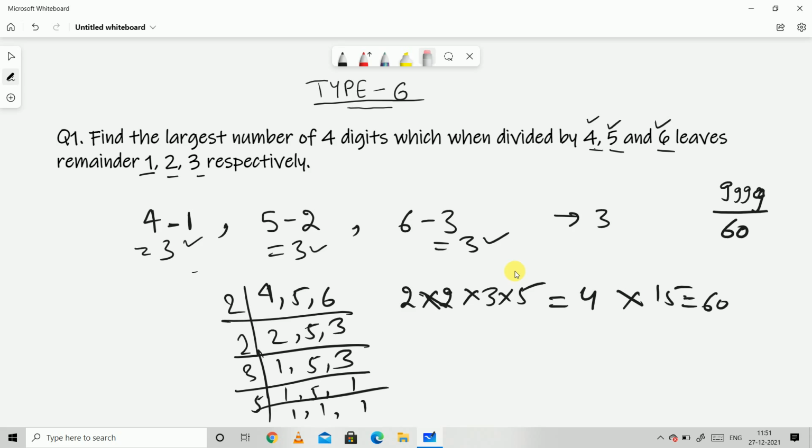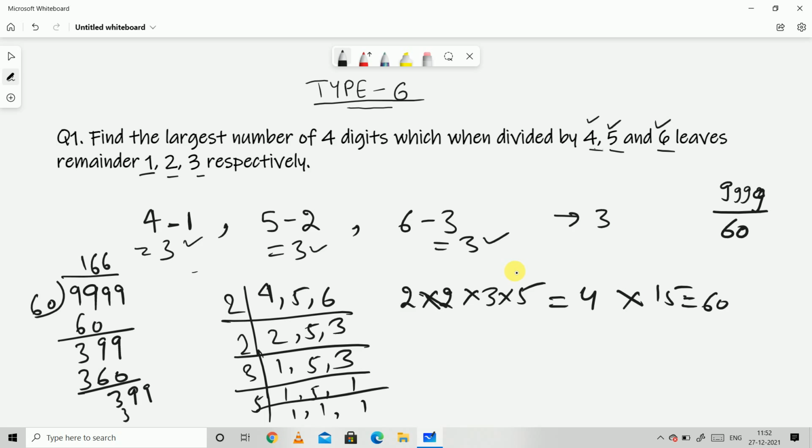So what will be the remainder then? If I divide 9999 by 60, I get 6 times 60 is 360, and proceeding like that, the remainder will be 39.